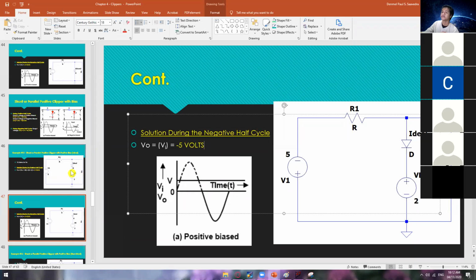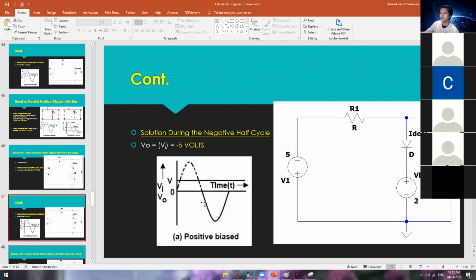So completely, not completely actually. So we have here 2 volts, 2 volts for the positive half cycle, and then negative 5 during the negative half cycle. Okay. So any questions so far regarding this example, example number 15?